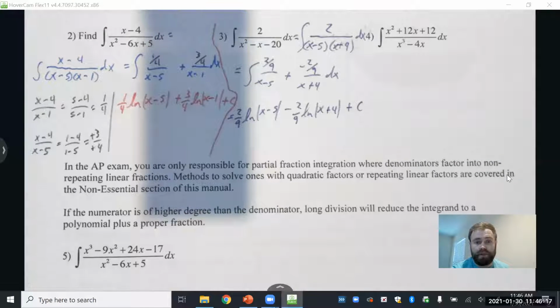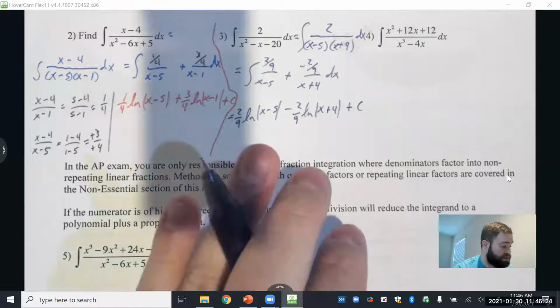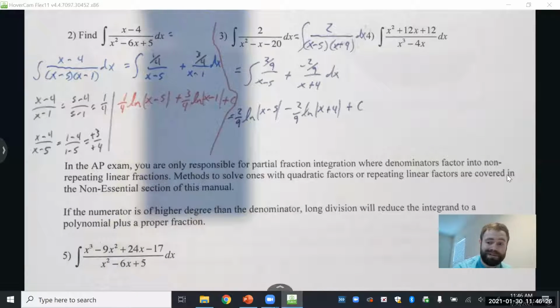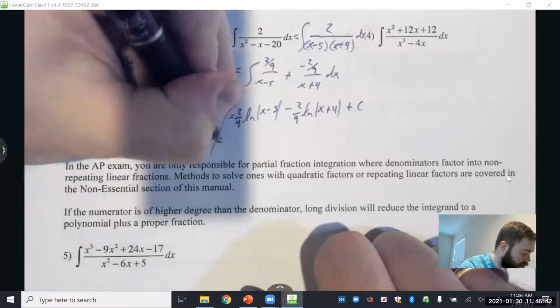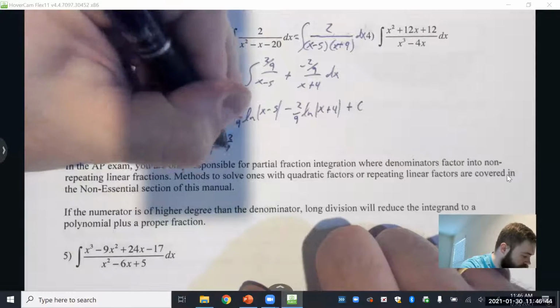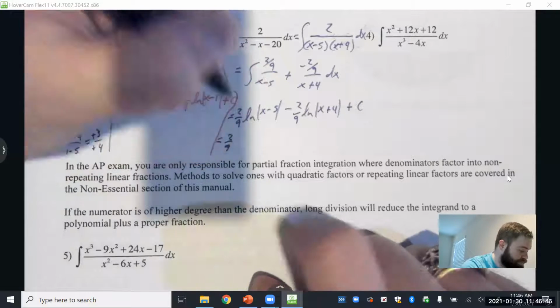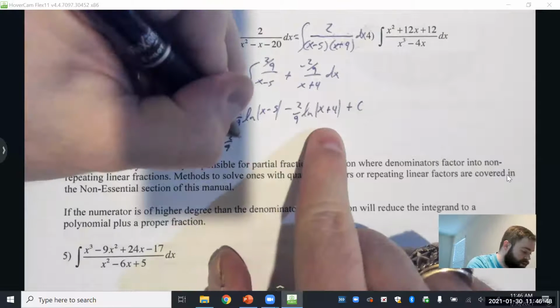And now at this point, I want to make you aware that sometimes if you approach a partial fraction question on a multiple choice question, it would probably have the most simplified answer as the answer choice. And this is not the most simplified because we can use some natural log rules. We can do that on this one because we do have the same constant out front, so I can factor that constant out of both.